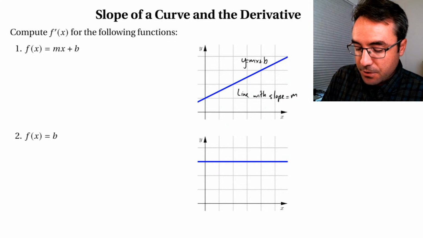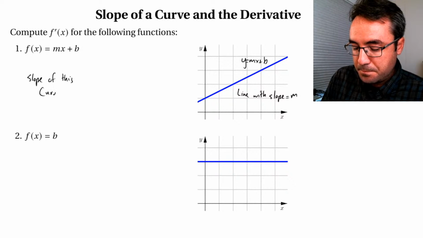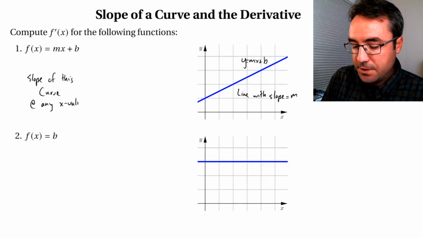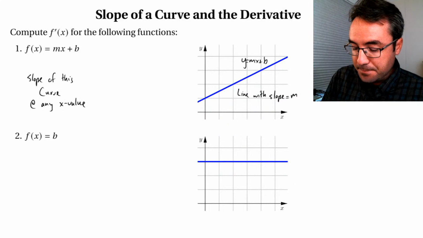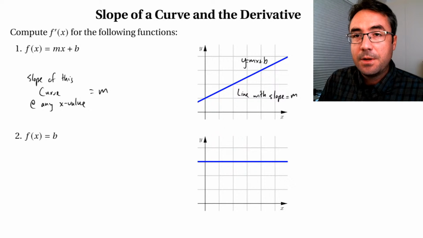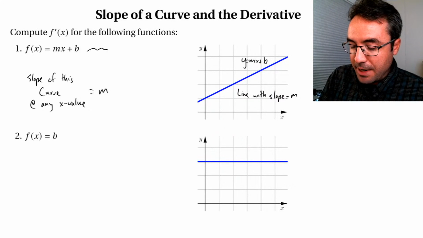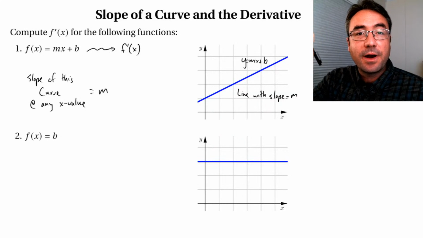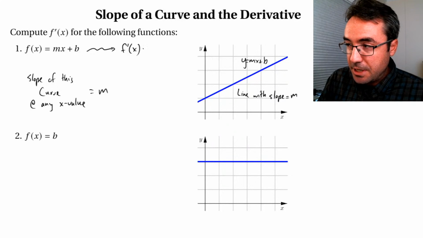When we think of the slope of the curve at any x value, well, it's a line, so the slope at any point on that curve is always m. So what does that mean for our derivative? Well, f prime measures the slope of our curve at any x value, and so f prime here is just going to equal m.